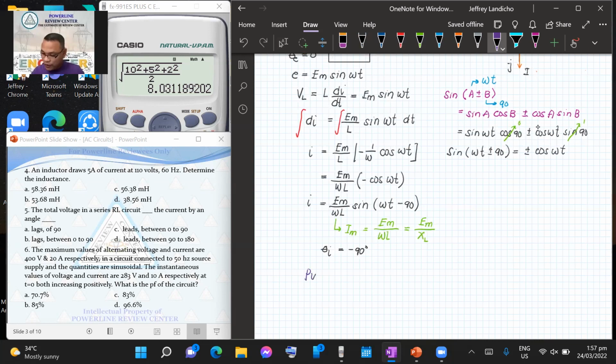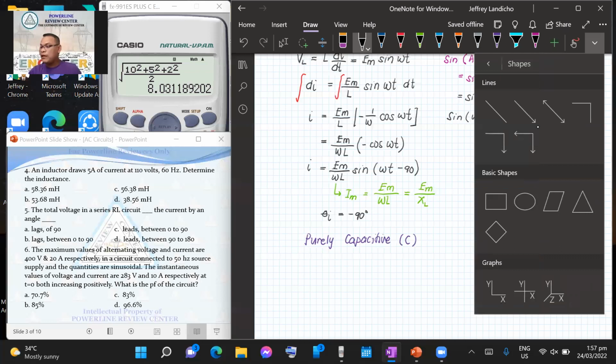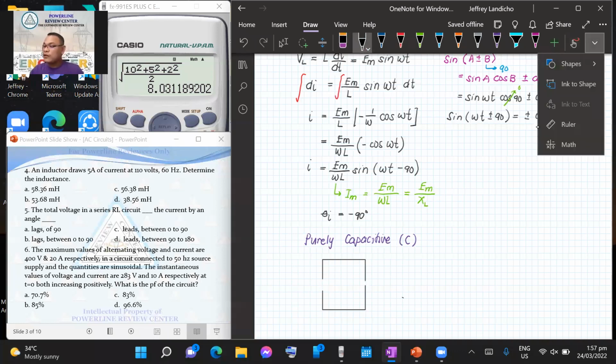So therefore, for a purely capacitive circuit, the circuit parameter is only capacitance. This is very important and simple, but we need it especially for AC network analysis. It is a great help to know the behavior of our circuit parameters when they are connected across an alternating source.